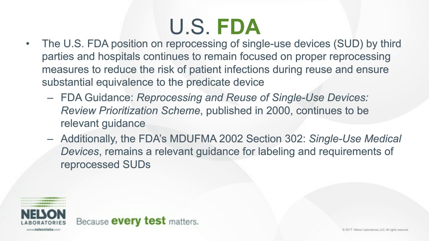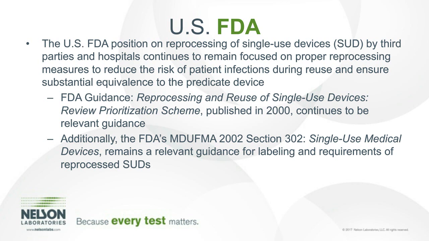The U.S. FDA's position on reprocessing by third parties continues to remain focused on proper reprocessing measures to primarily reduce the risk of patient infection during reuse and as well to ensure substantial equivalence to the predicate device with regards to functionality. In the U.S., the FDA's guidance documents for reprocessing date all the way back to 2000 and continue to provide relevant guidance and information for the reprocessing of single-use devices.